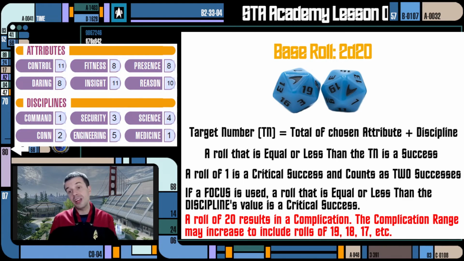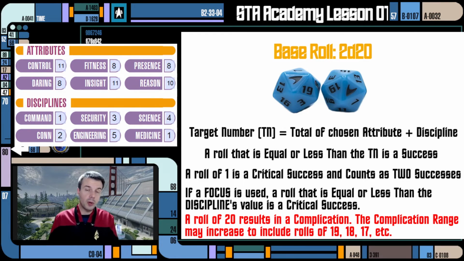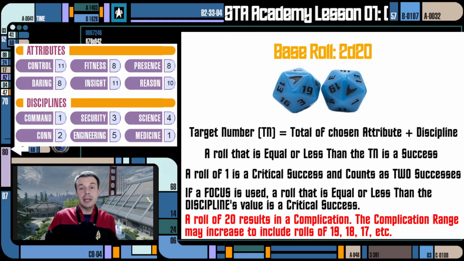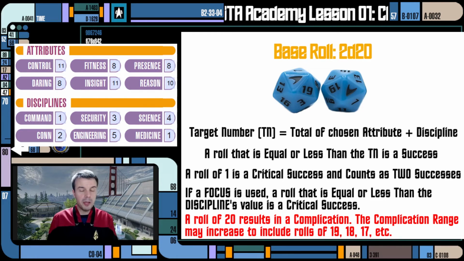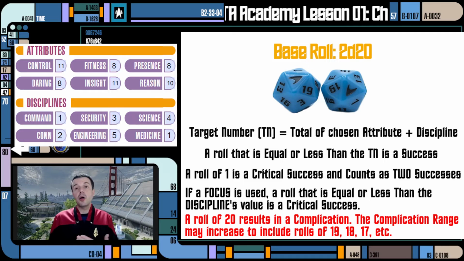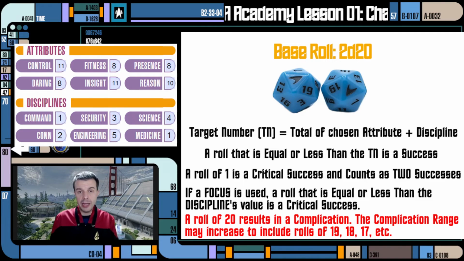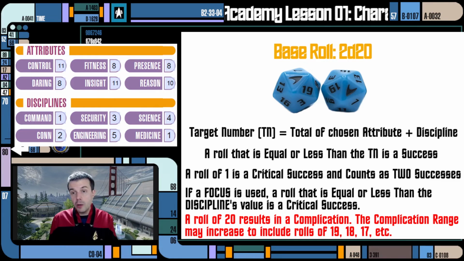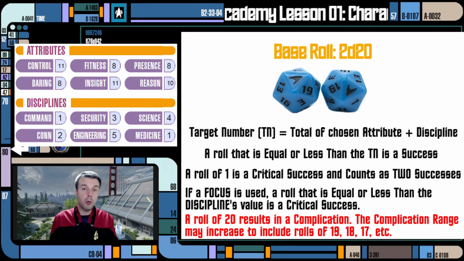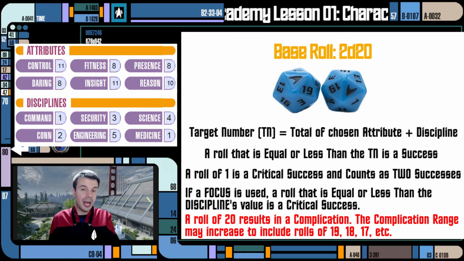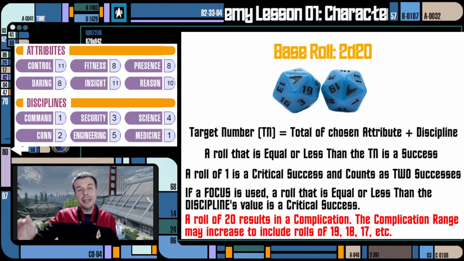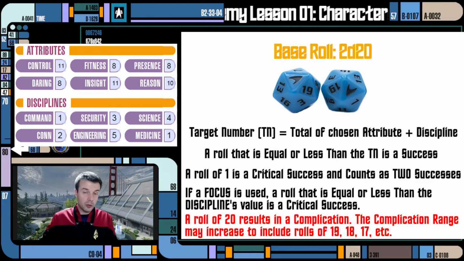Aside from not giving you any success, a complication is typically a negative trait applied to the situation or to what you're doing, or it could also generate 2 points of threat, the GM's currency, as I mentioned before. So complications are the opposite of critical success.